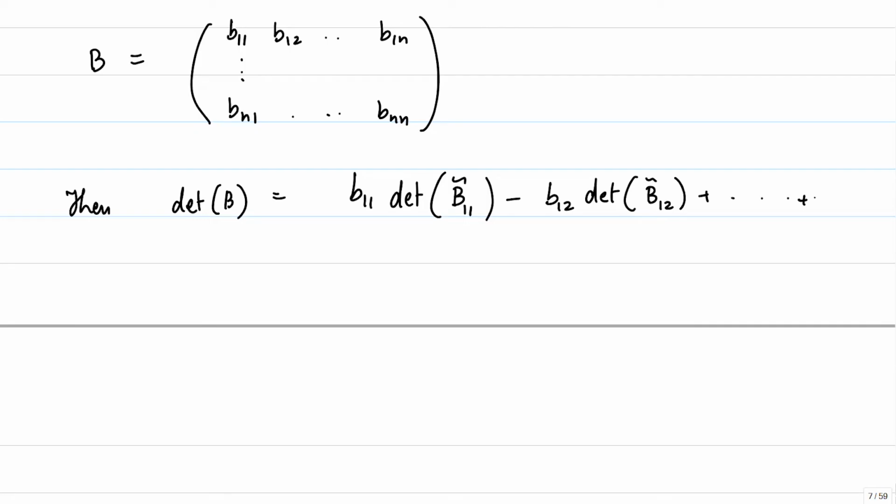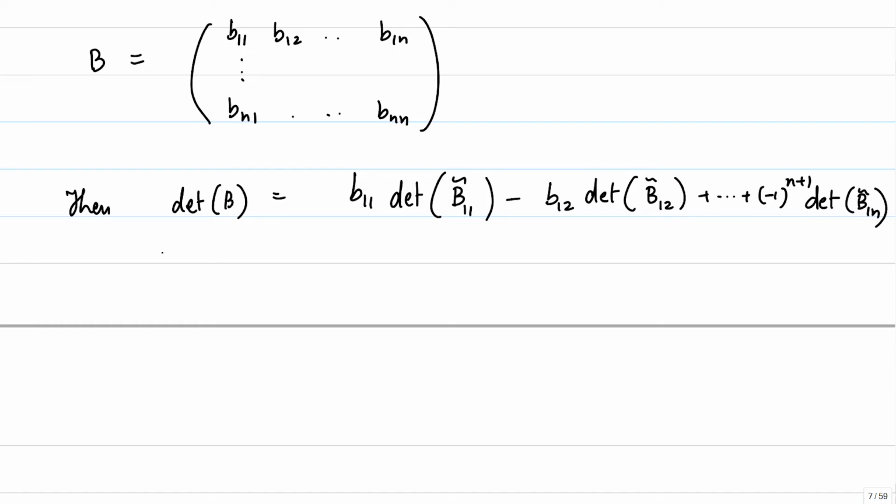Maybe I'll write the last term: minus 1 to the power n plus 1 times B1n times the determinant of B1n tilde.